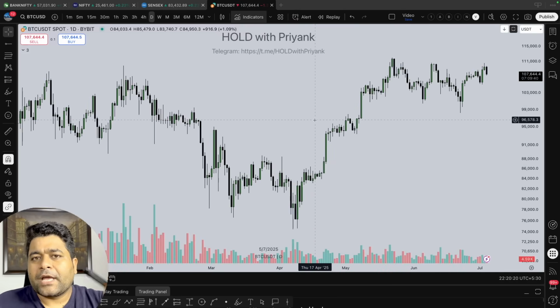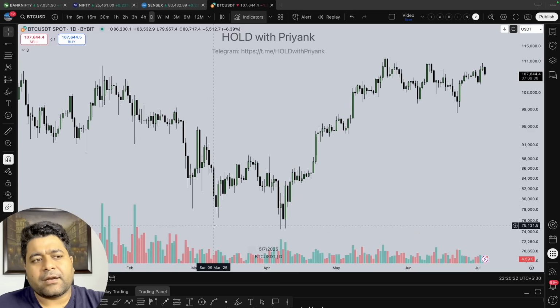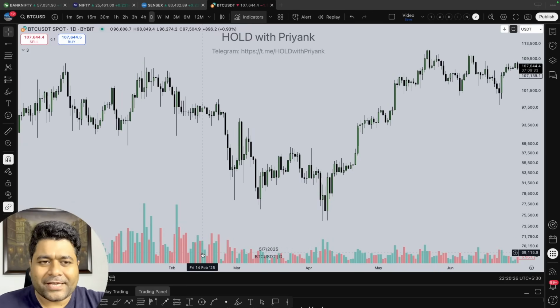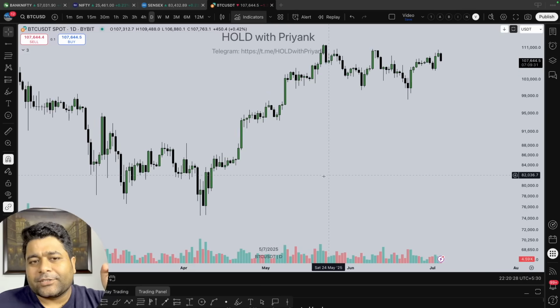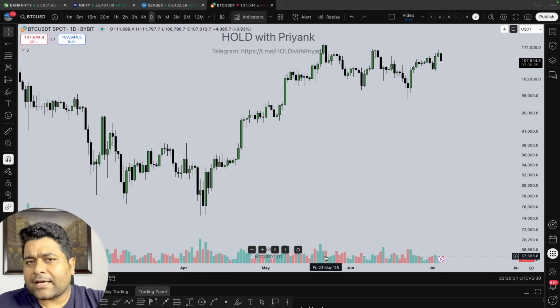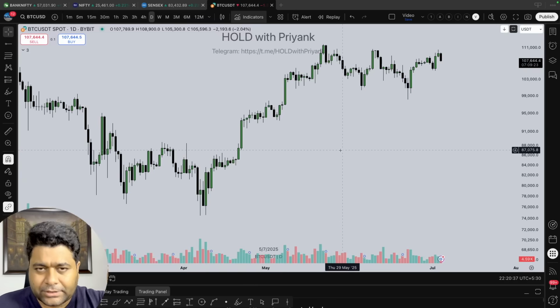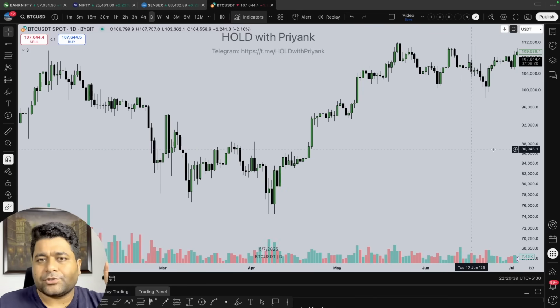As you click on volume, you will see some red and green bars at the very bottom of your chart. You can change the colors and settings by double clicking on it or going into the settings. It's the same as any other indicator.